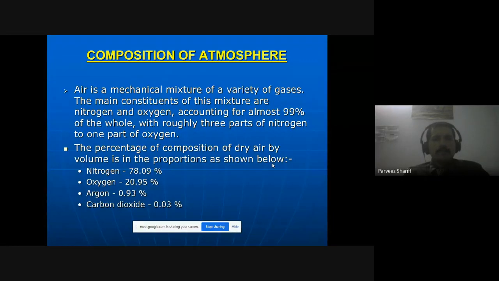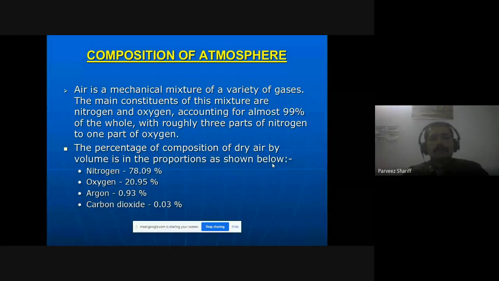Basically, the atmosphere consists of nitrogen at 78.09%, oxygen at 20.95%, argon at 0.93%, and carbon dioxide at 0.03%. I expect all the cadets to note down these values because this will come in your examination.